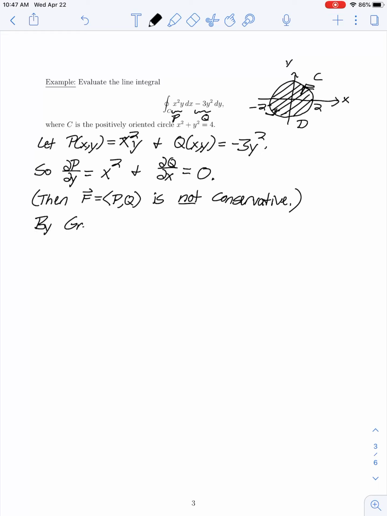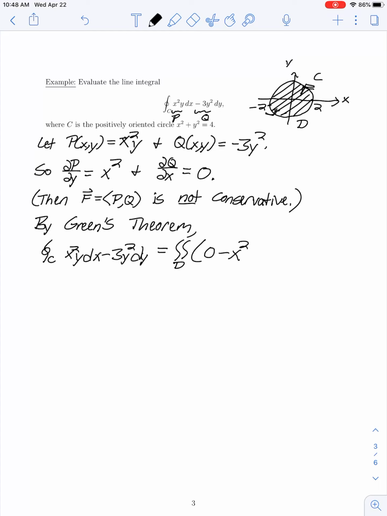By making use of Green's theorem, we would have the line integral of x squared y dx minus 3y squared dy over this curve C is equivalent to the double integral over the disk bounded by that curve, which we were calling D, of the partial derivative of Q with respect to x, which is 0, minus the partial derivative of P with respect to y, that was x squared, integrating with respect to area.